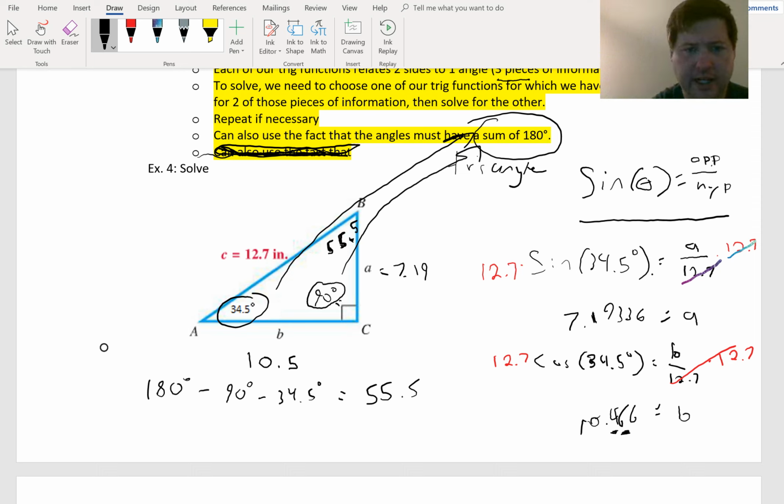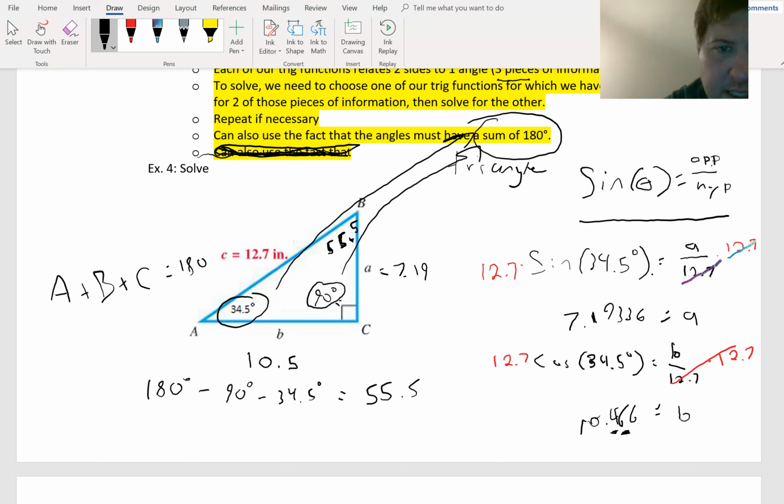I guess I could have written a step before this. My angles are, let's see, A, B, and C. A plus B plus C equals 180.